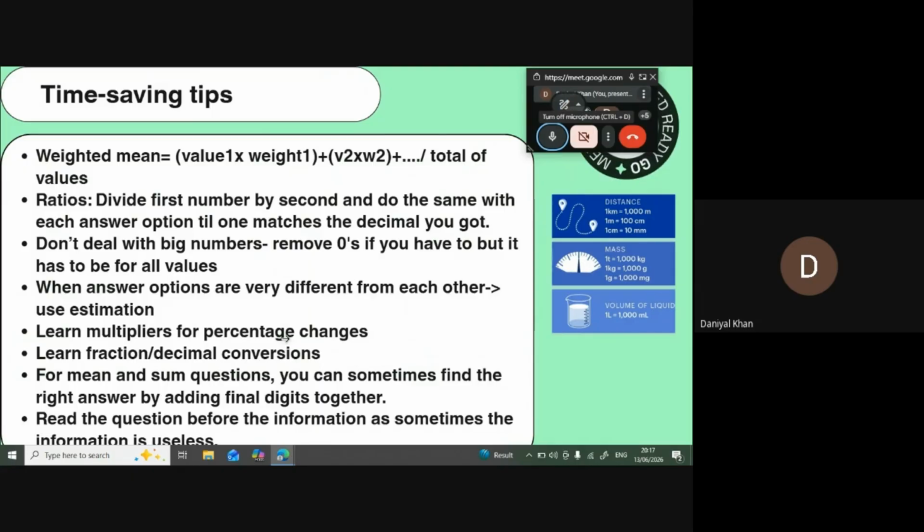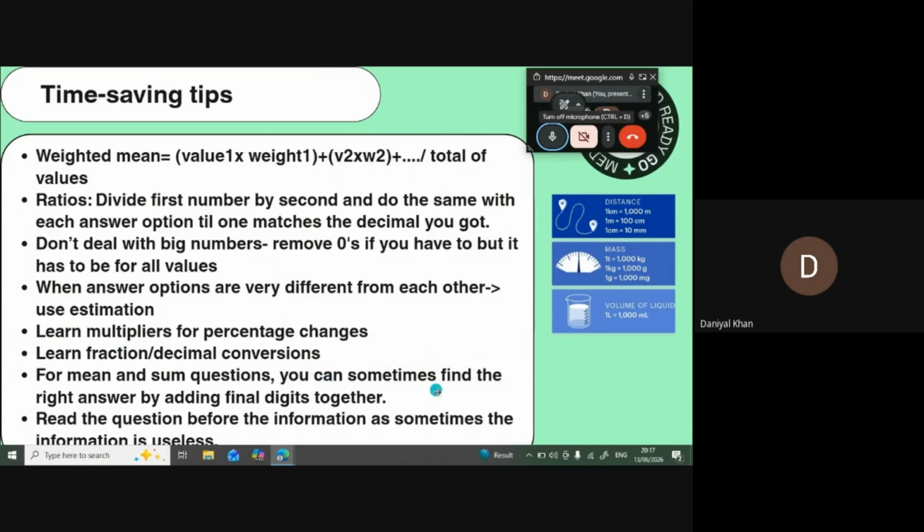Same thing for tripling, it would be 200% and the multiplier would be 3. Just something to remember. Then learn your fraction decimal conversions, just the simple ones like 1/5, 1/4, 1/8, 1/6, 1/3, 1/10. Not that many, but as you practice, it'll just come to you anyway.